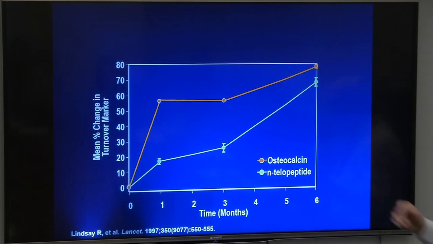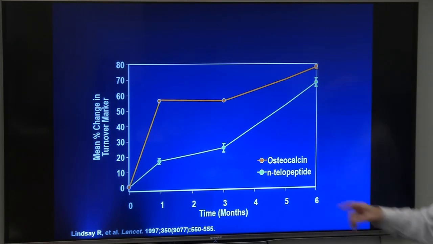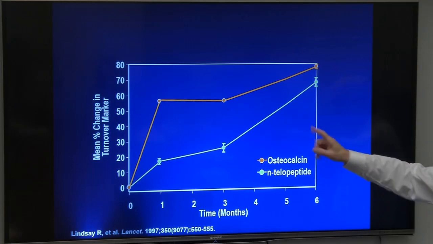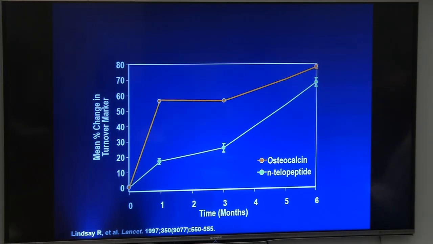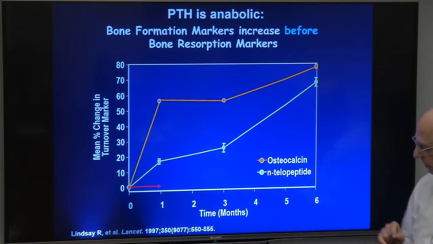Bob Lindsay showed this many, many years ago using the bone formation marker osteocalcin and the resorption marker N-telepeptide. Tracking this over time, he showed that osteocalcin goes up first, followed by the increase in the N-telepeptide. And there is a short period of time, 1 or 2 months, when this differential is really great. And this is a period when PTH seems to be maximally anabolic.